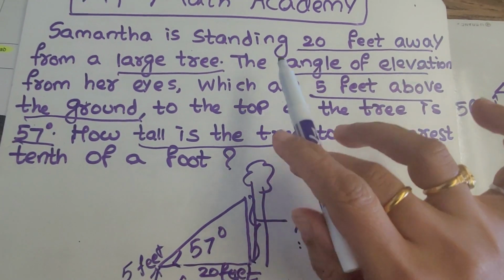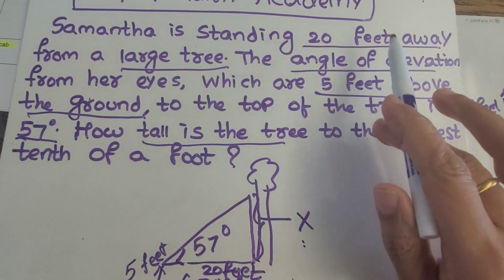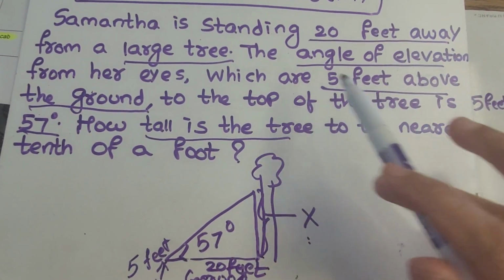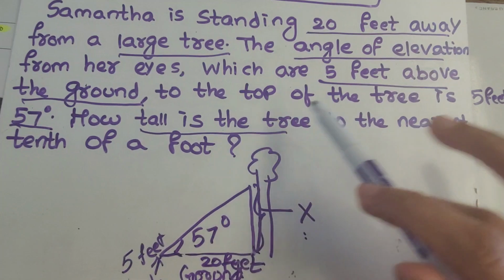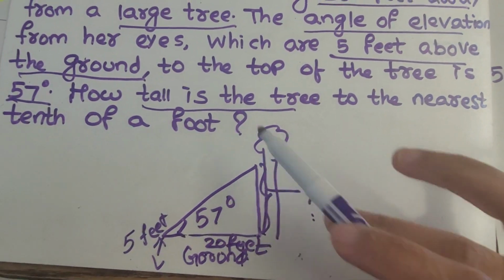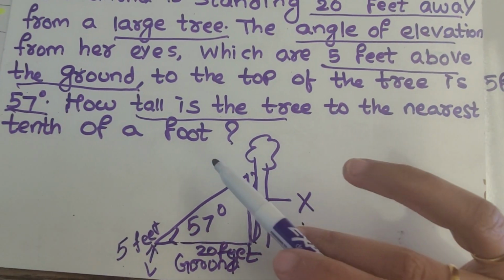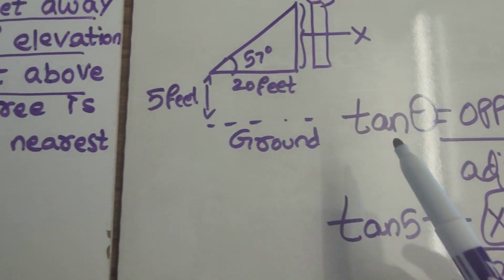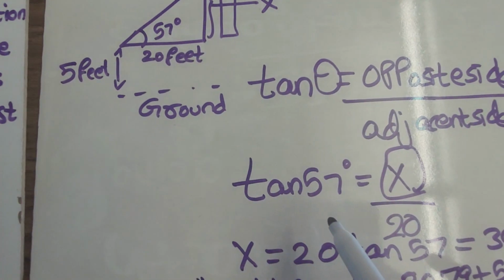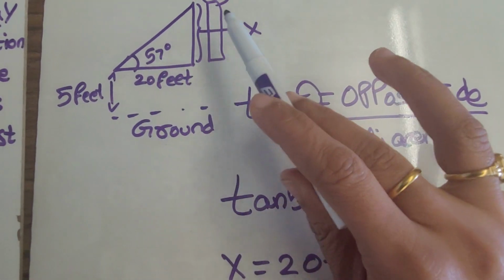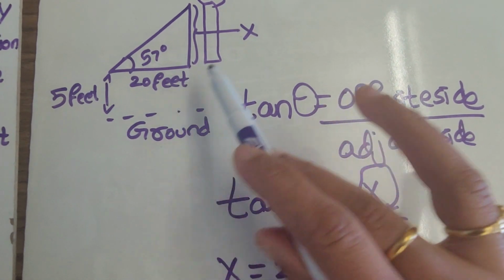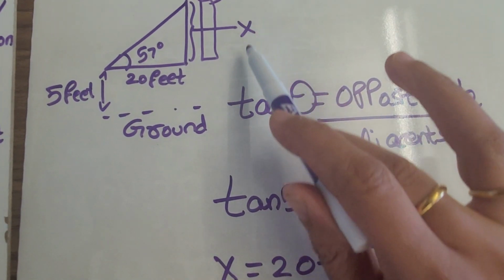So let me explain it once again. Samantha is standing 20 feet away from a large tree. Angle of elevation is 57 degrees from 5 feet above the ground. And how tall is the tree to the nearest tenth of a foot? For this I have drawn the figure like this. And tan theta is opposite side, which is x, by 20. And I found x, which is the height of the tree.